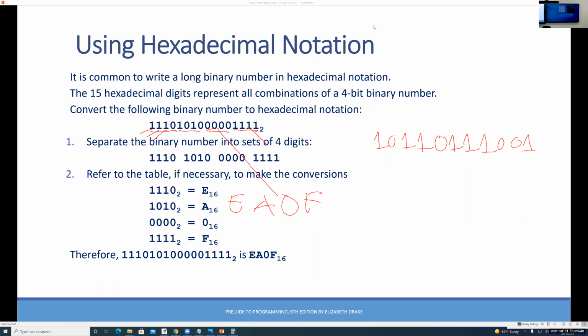So we group this one here, and this one here, and this one is not enough for 4 bits. You just insert a 0 before that to make up the 4 bits. So this one, you see, is 8 and 1, you have 9. This one is 8, 2 is 10, and 1 is 11. That's why you have B for this one. This one you have 1 here, 4 here, you have 5. So when you convert this one, you have 5B9 here.